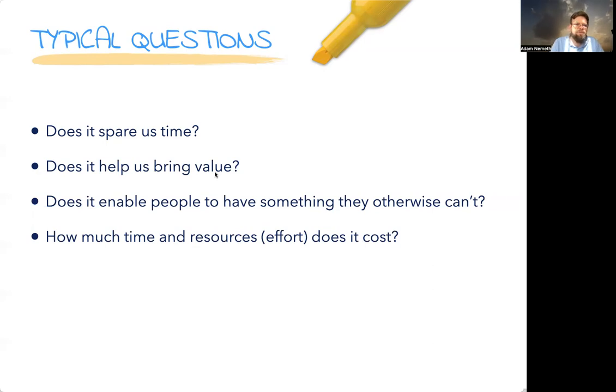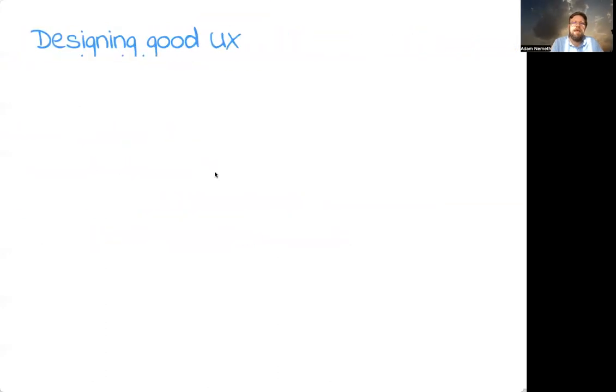And then, of course, the big question is usability. Okay, we spare this much time, this is our profit, but how much time, resources, or effort does it cost to use it? This is the big question of usability, and it can be defined for a service just as well as for a digital product. And in order to design a good user experience, the steps are basically the same. Know your users, their contexts, tasks and goals, what they want to do, how they want to do it.